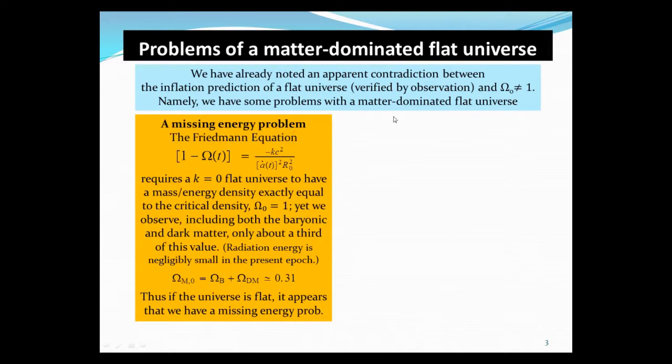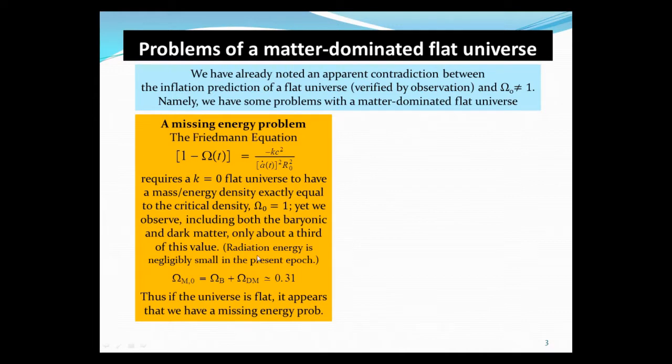First of all, it's a missing energy problem, because the Friedmann equation relates the curvature to the density. If k equals 0, the universe must have exactly the critical density, omega naught equal to 1. Yet we observe, including both the baryonic and dark matter, only about a third of this value.